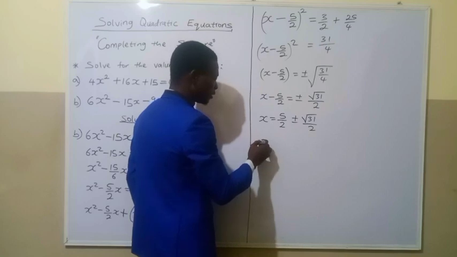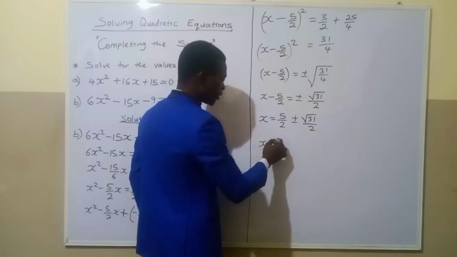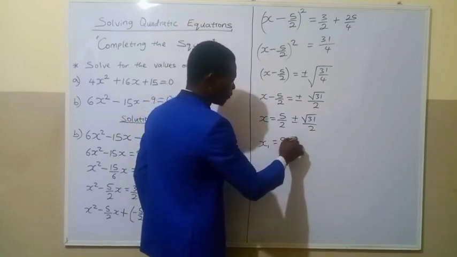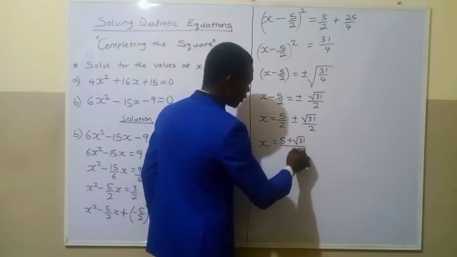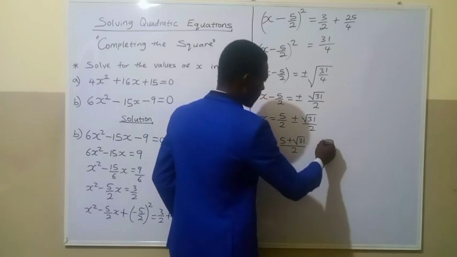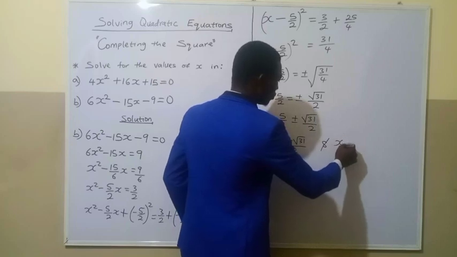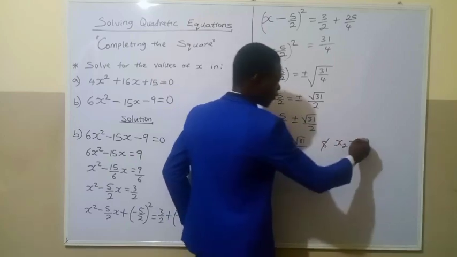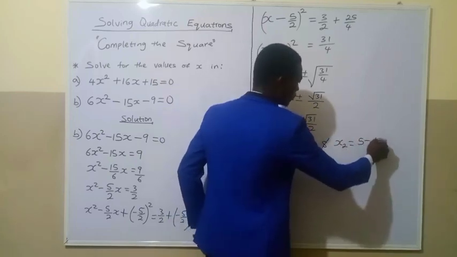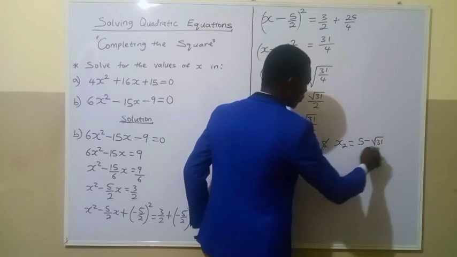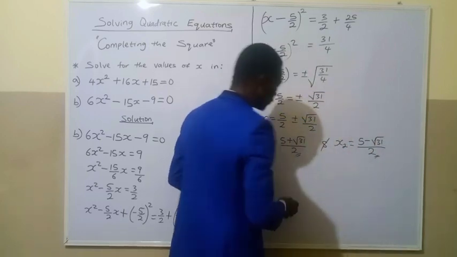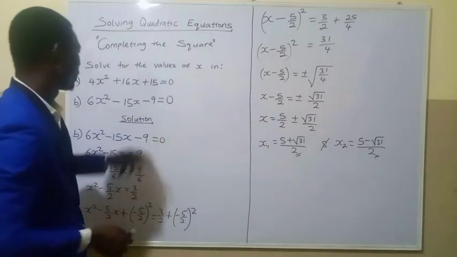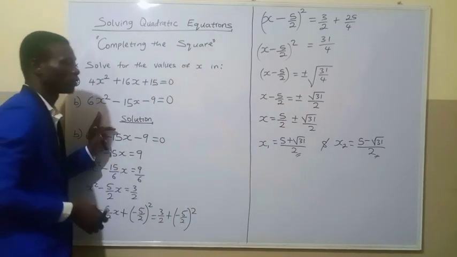So it means that my x1, if I try to break them down, is going to be 5 plus root 31 over 2, and x2 is going to be 5 minus root 31 over 2. So these are the two solutions. These are the two values of x that satisfy the condition for this second question.